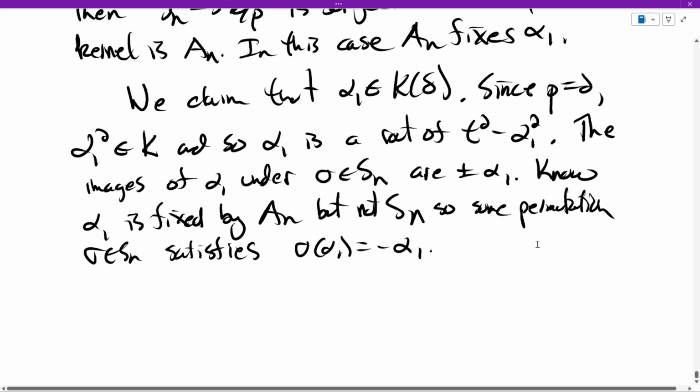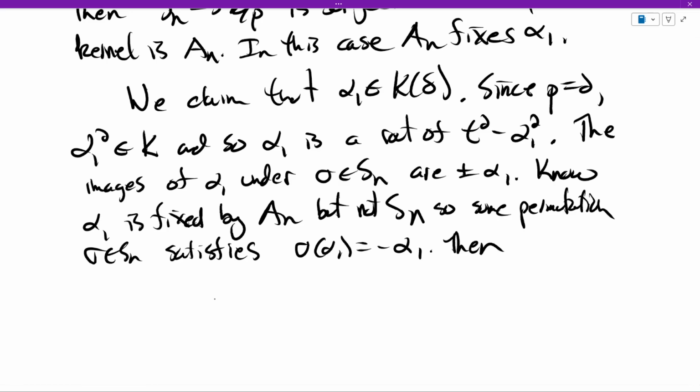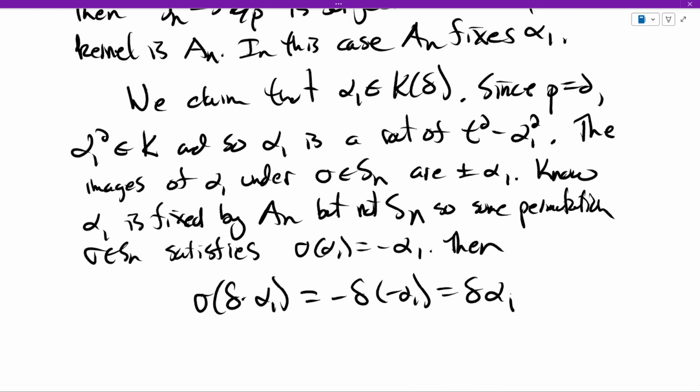All right, then what? Well, then sigma of delta alpha 1, with alpha 1 going to negative alpha 1, is delta alpha 1, for the elements that negate alpha 1. Good.